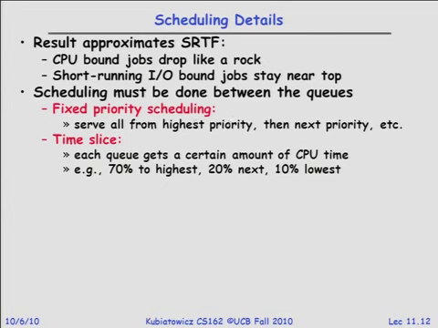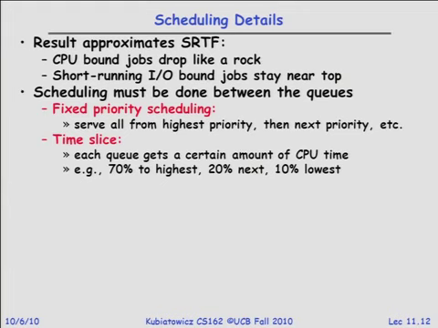The problem with that, of course, is what? Yeah, we have a starvation problem because the thing at the bottom never gets to run. The other option might be fractional time slicing, where instead of a strict priority schedule, the thing at the top gets 70% of the CPU, the next one gets 20, and the bottom one always gets 10. As a result, even when you fall to the bottom, you still get some fraction of the CPU.